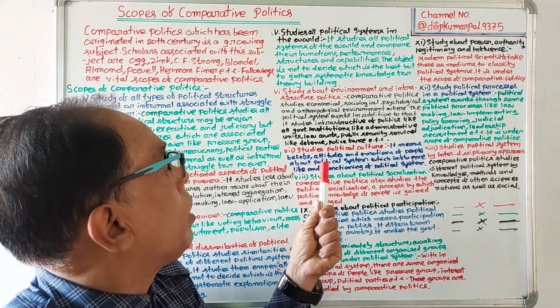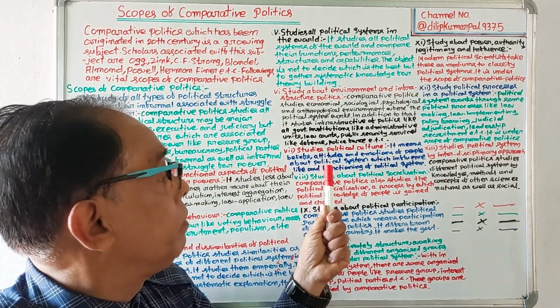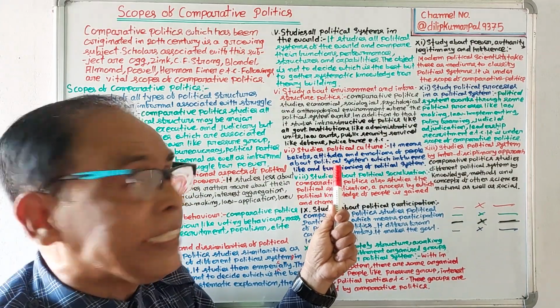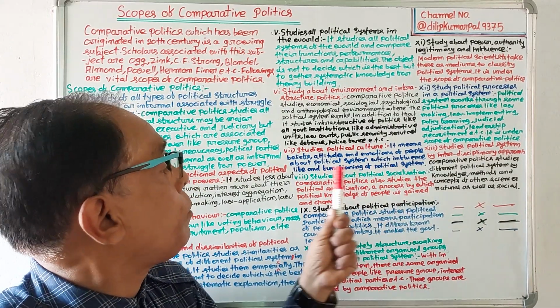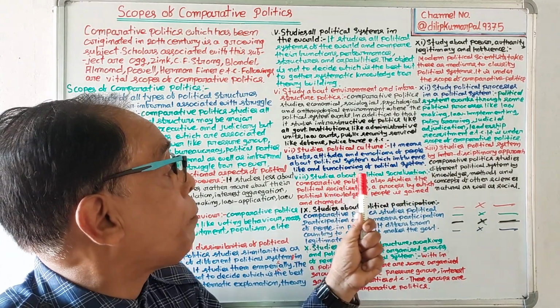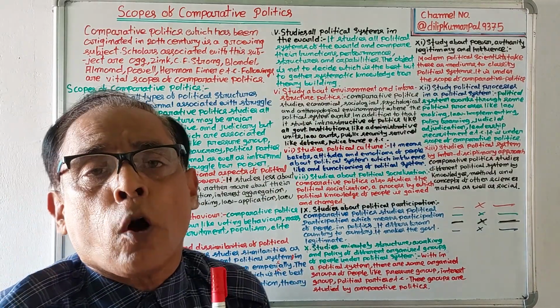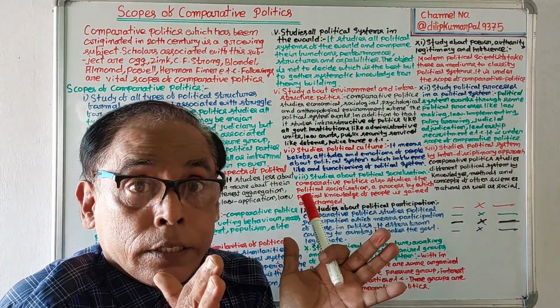Seven, studies political culture. It means beliefs, attitudes, emotions of people about political system, which influence life and functioning of political system. So another scope of comparative politics is that it studies the political culture.